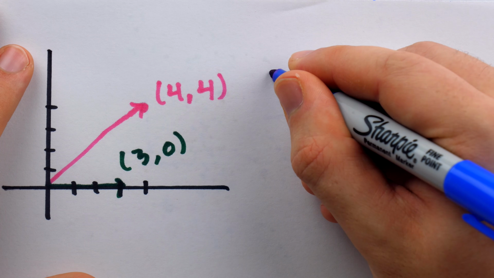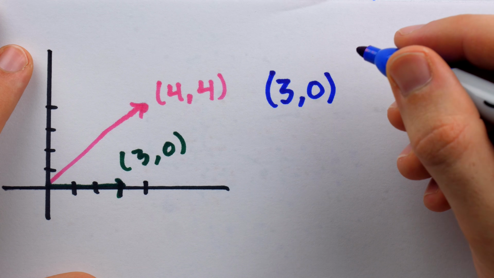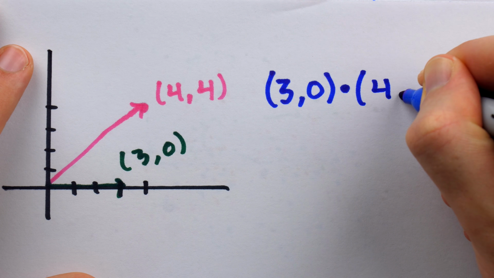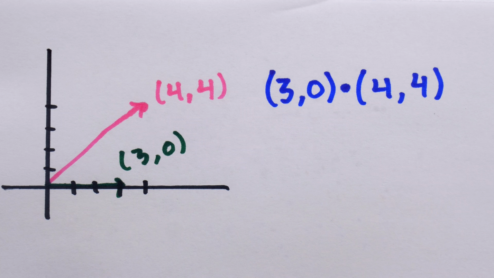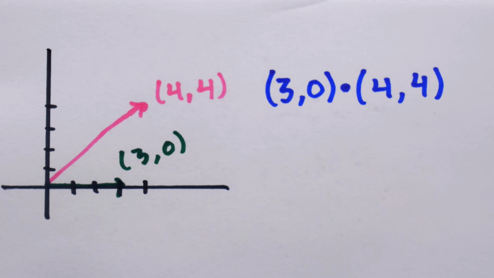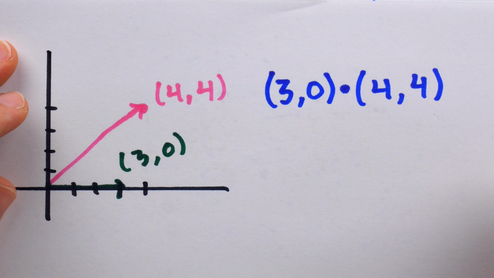Let's try it out. So we take the first vector, which can be described with this ordered pair of its terminal point, 3, 0, and we're multiplying this by the other vector, which can be described by the coordinates of its terminal point, 4, 4. We know that to do this, we need to multiply their magnitudes together and multiply that by the cosine of the angle between them. So let's find the magnitudes of these vectors.